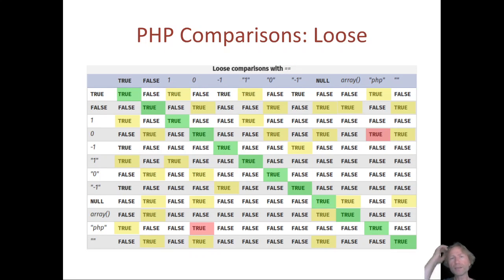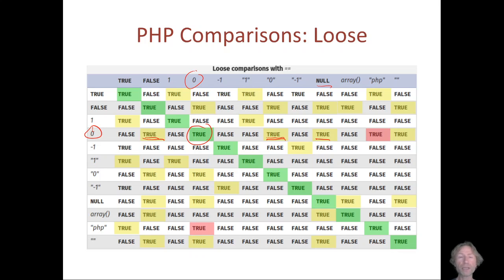So here we see that if we compare 0 to 0, we still get the value true. But we get trues in a lot of other situations also. So if we compare 0 to null, we also get true. Perhaps that is not so surprising. But we also get true if we compare 0 to a 0 in double quotes, which looks like a string. We also get true if we compare 0 to false.